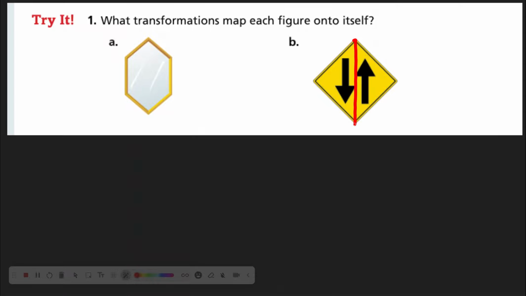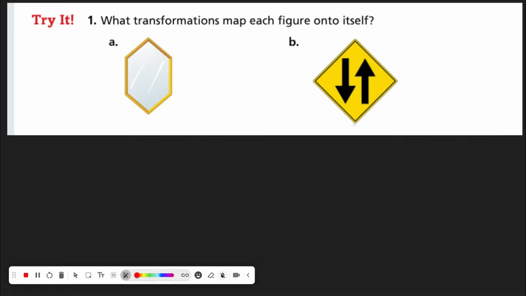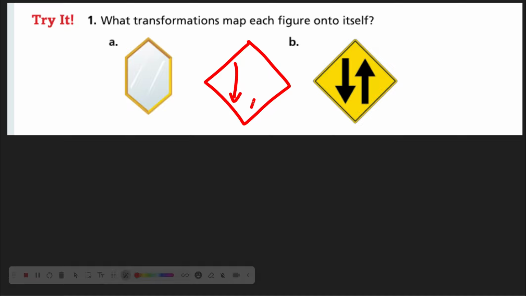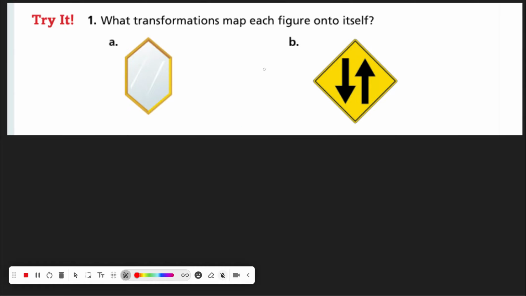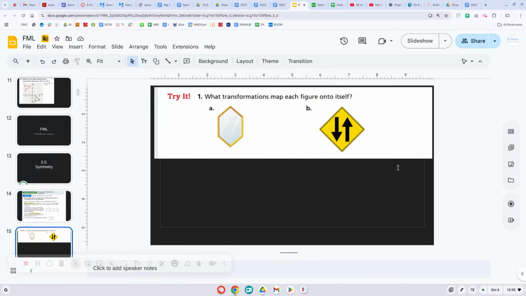But what about rotational symmetry? It does. If you rotated that 180 degrees, you would get a shape that looked like this. So it does have rotational symmetry. It does not have reflectional symmetry.